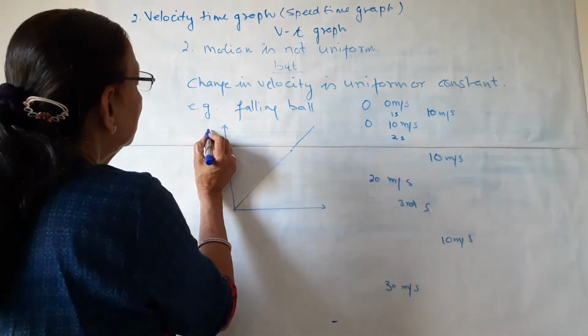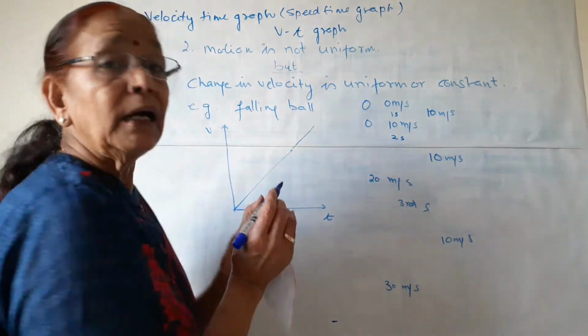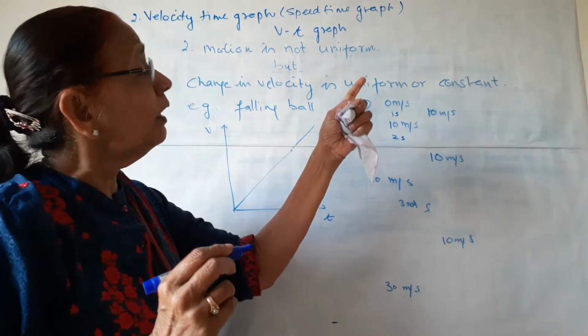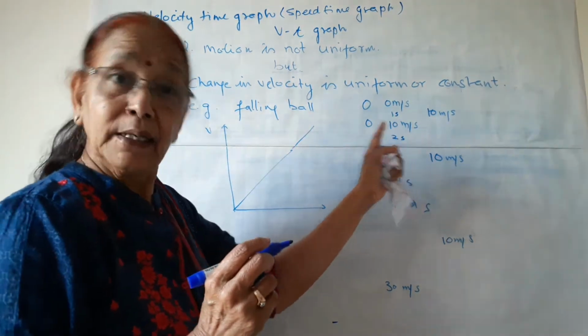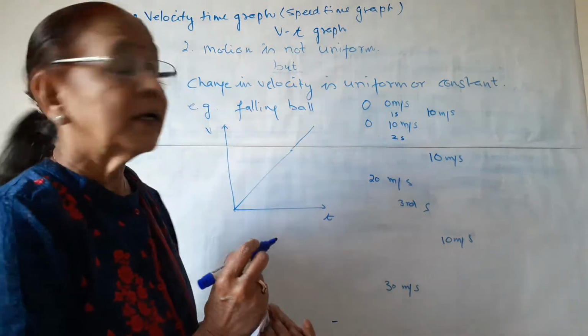Here it is velocity, here it is time, and this is the graph line. So when speed is changing uniformly, change is uniform, then we get this type of graph line.